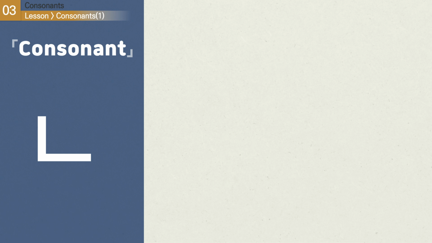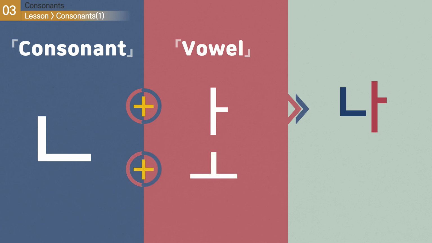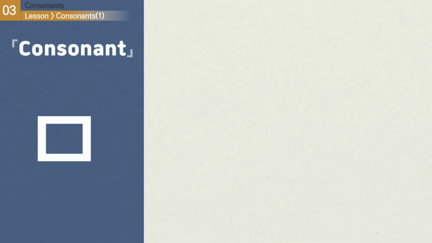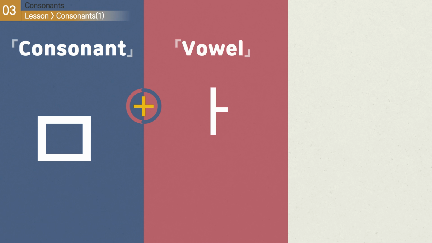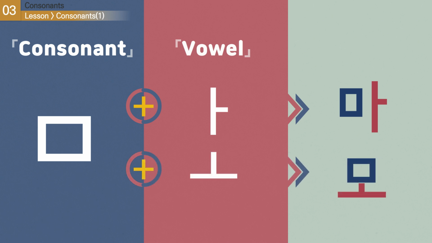Combining the consonant niun and vowel a makes na. And the consonant niun and vowel o makes no. Combining the consonant mium and vowel a makes ma. Combining the consonant mium and vowel o makes mo.